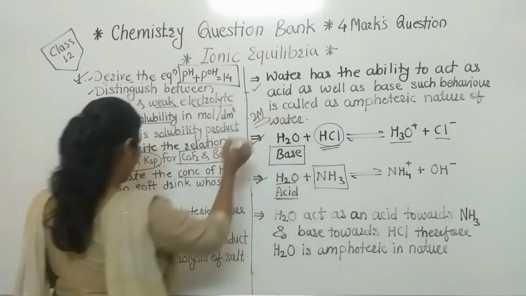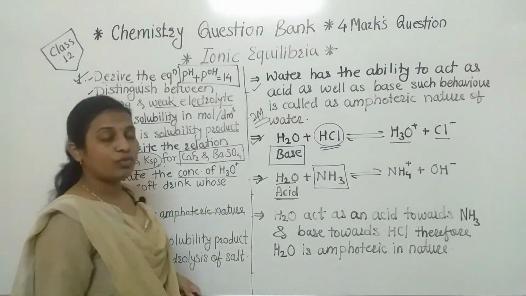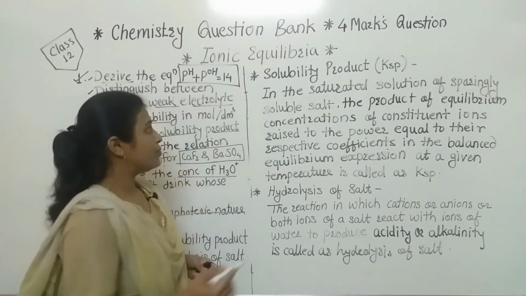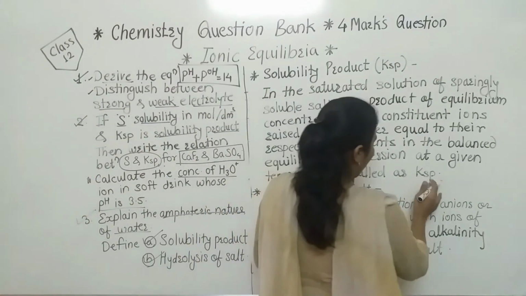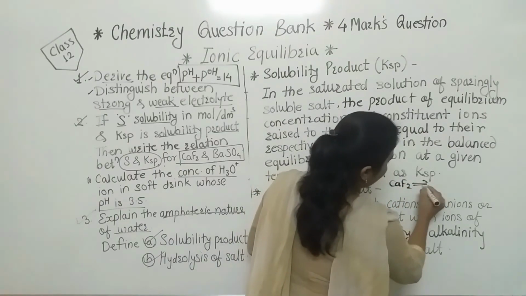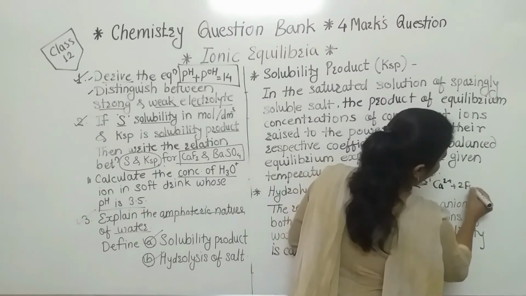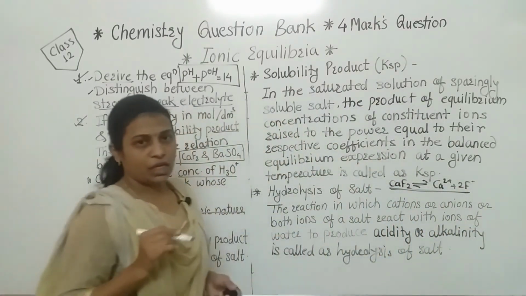And finally we have to write 2 definitions: the solubility product and the hydrolysis of salt. So what are those definitions? See, solubility product, which is denoted by KSP, as we have seen already. If we consider CaF2, it will dissociate like Ca2 plus and 2F minus, which is the balanced equilibrium equation.